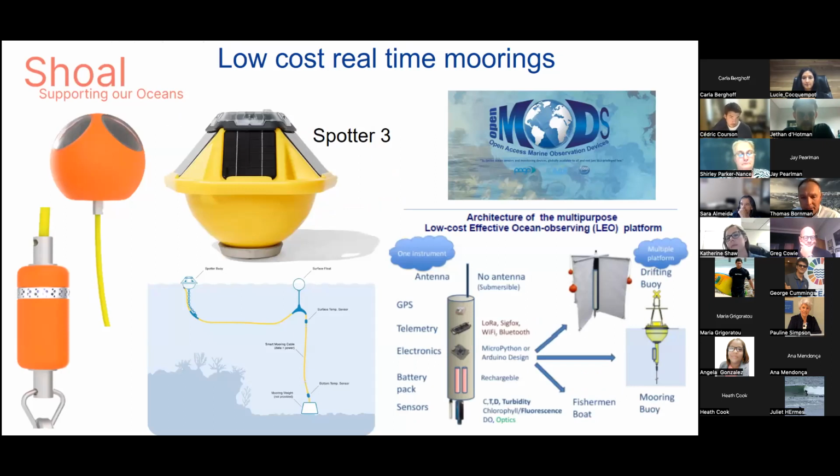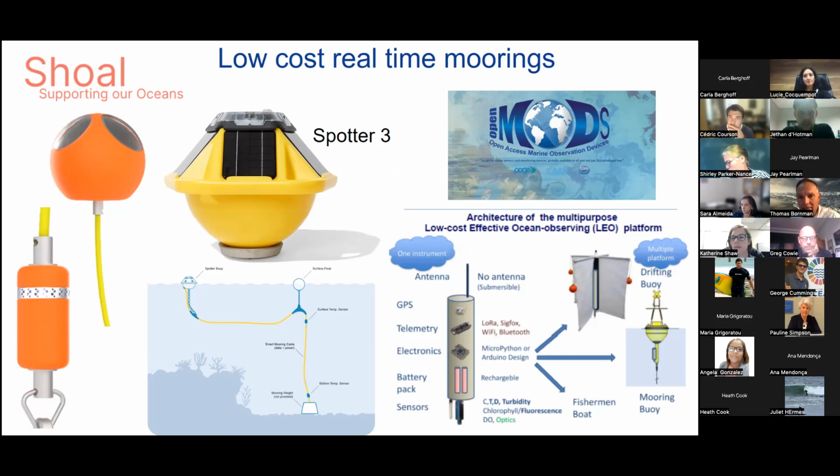But what would be ideal, over and above collecting data at certain points or along certain transects, would be to combine this type of work with in situ instrumentation, continuously recording data. And nowadays there are quite a few low-cost sensors or moorings on the market, such as Shoal. Spotter 3 is one of them.